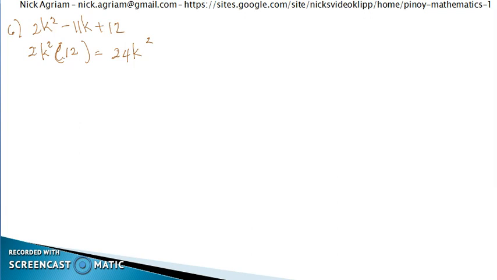Then I have, it's positive. That means we have negative there and we have positive there, which means both of them are negative. So if we have 24k squared, I can have negative 12k and 2k.